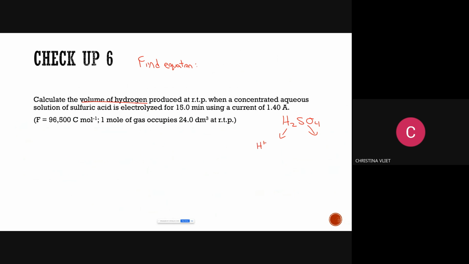Do we need H plus go to H2 or do we need OH minus go to O2? Which one do you think we need for what we're being asked for here? This, right? So then what would that equation be? H plus goes to H2.